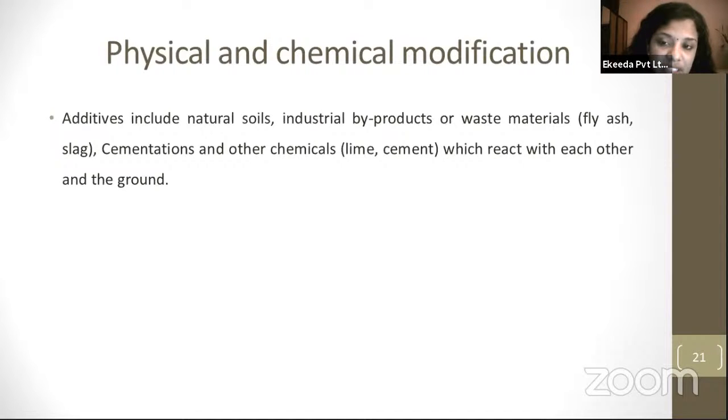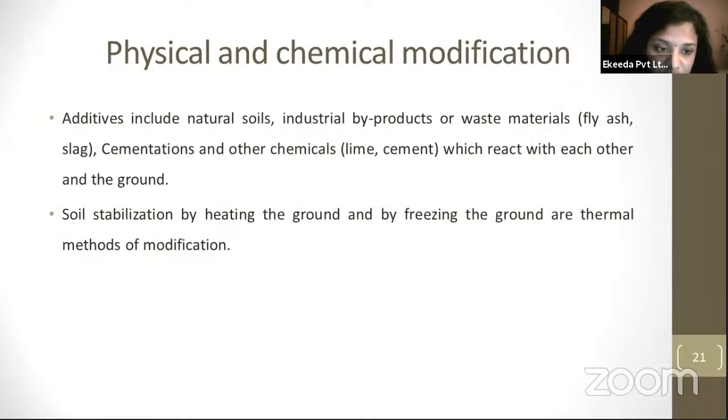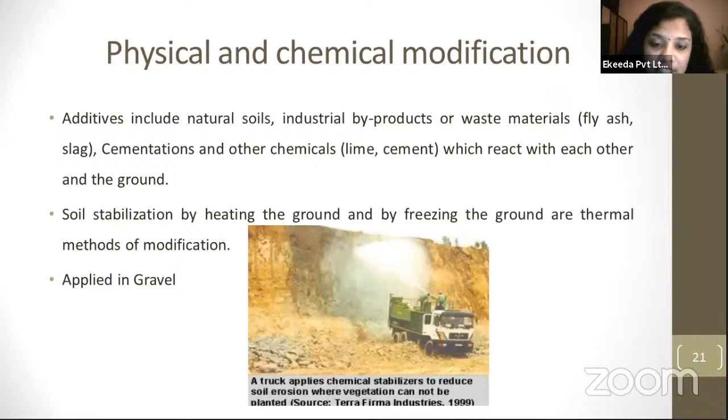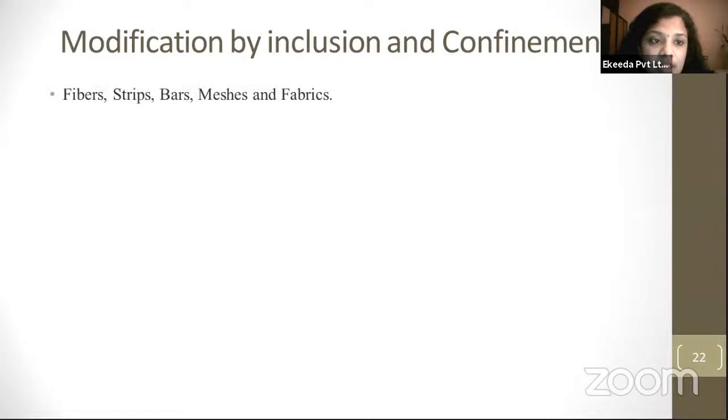Then next is physical and chemical modification. Here we can add admixtures like fly ash or cement to modify the properties of the soil. In the figure you can see a truck applying chemicals over the slope. Now next is modification by inclusion and confinement.